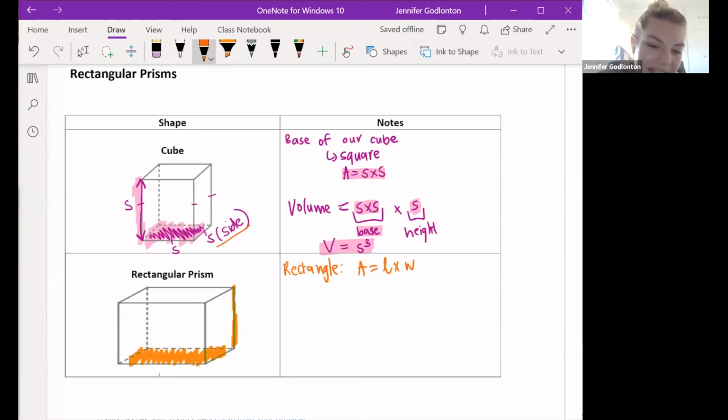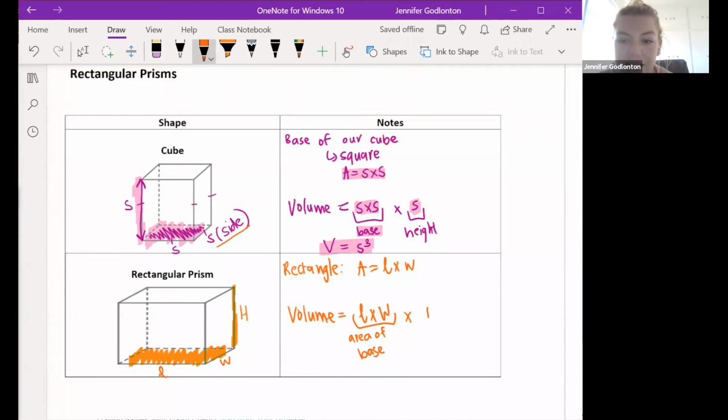So in this case, we have our length, we have our width, and then this would be the height of our shape over here. So if I wanted to find the volume over here, my volume would be my length times my width, or my length times my breadth, depending on how you've learned it in class. That's the area of the base. And then we're timesing it by the height of the shape.